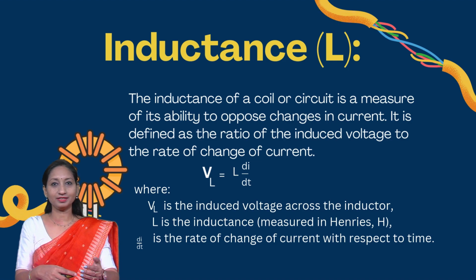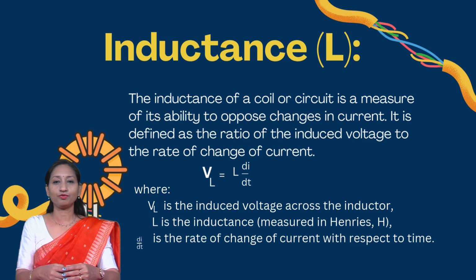Mathematically, it is represented as VL equals L di by dt, where VL is the induced voltage across the inductor, L is the inductance, which is measured in henries, represented by H, and di by dt is the rate of change of current with respect to time.